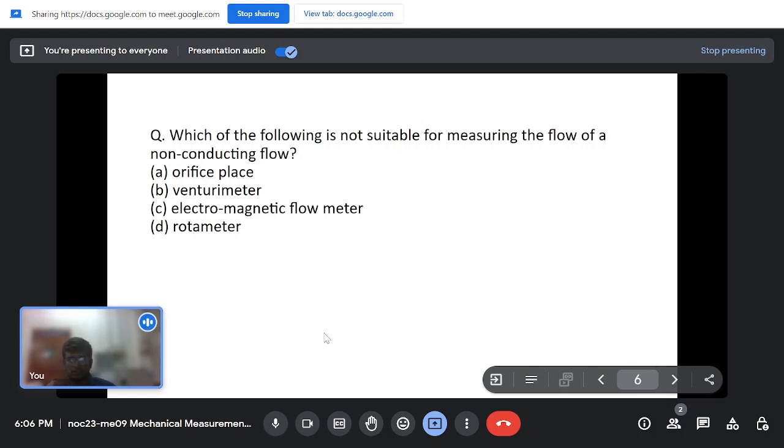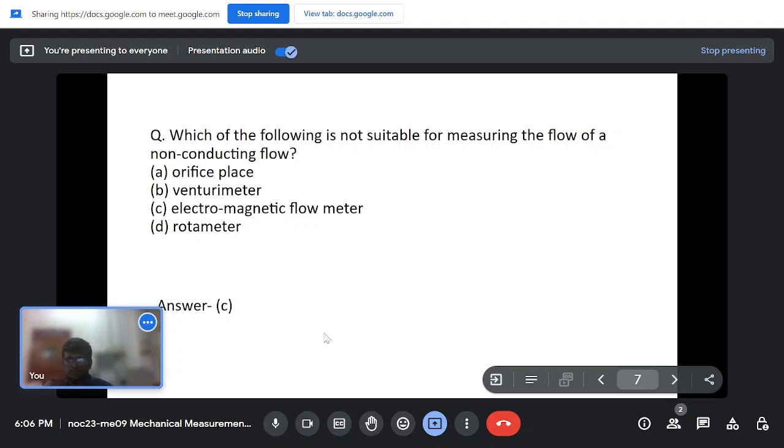So we know that the electromagnetic flow meter cannot be used because you need a conducting medium for the magnetic field to be generated. So out of this, option C is the correct one. The flow of a non-conducting fluid cannot be measured using an electromagnetic flow meter.